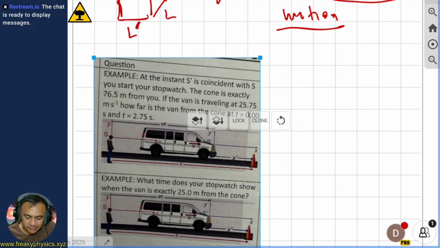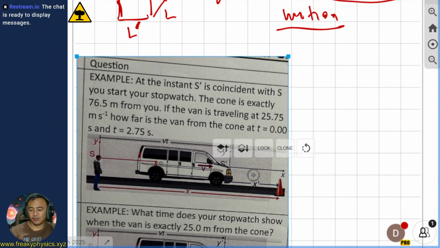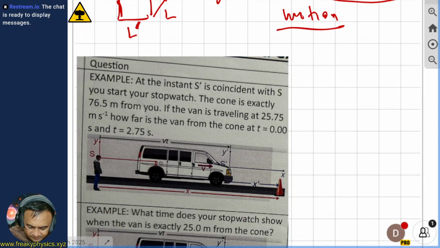Later on, the next bit is what's going to happen if instead of just having two reference frames moving relative to each other, there's that third object now that's moving at another speed, right? Because so far our examples have two reference frames. One reference frame has a third object, but it's stationary compared to that reference frame, right? Later on, we'll go through what happens if there's a third object and it's moving relative to both reference frames. Okay. All right. So let's take a look here at this problem now.